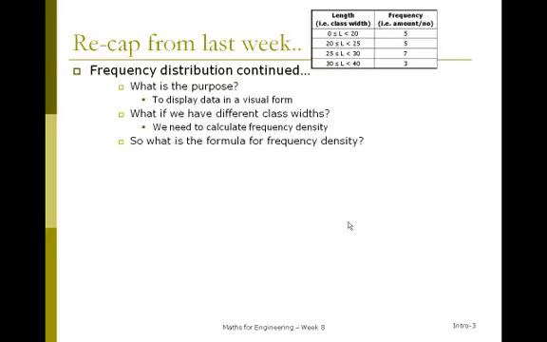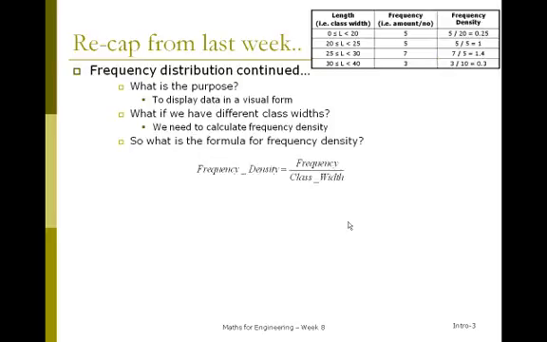But can you remember what is the formula for frequency density? Frequency density is equal to frequency divided by class width. So as in the table at the top, you can now see the frequency density for each one of the components, and this is based upon the class width or the length of each.